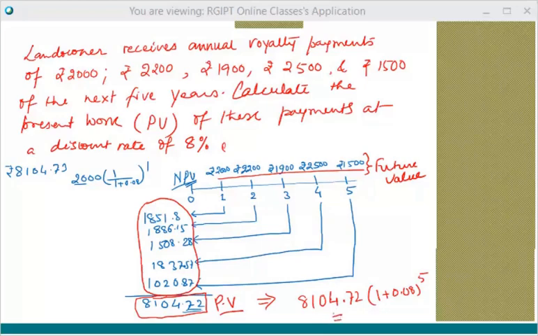And if you do that, you are going to get 11908.